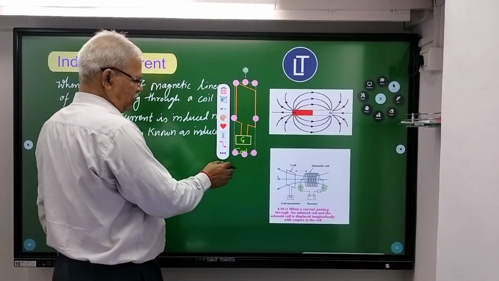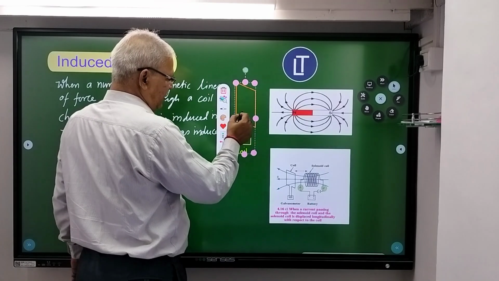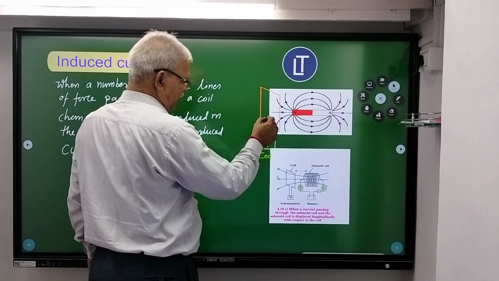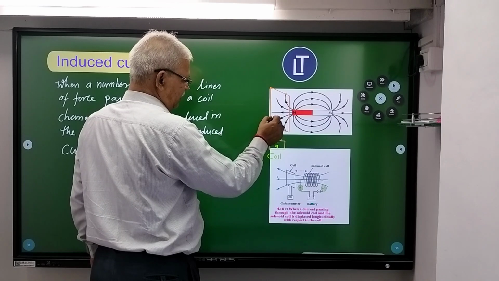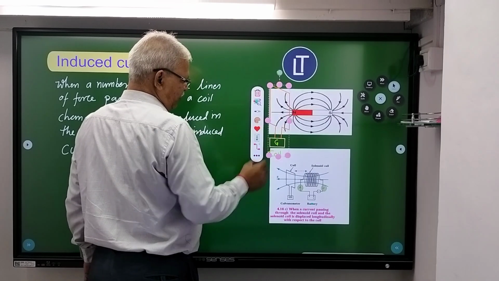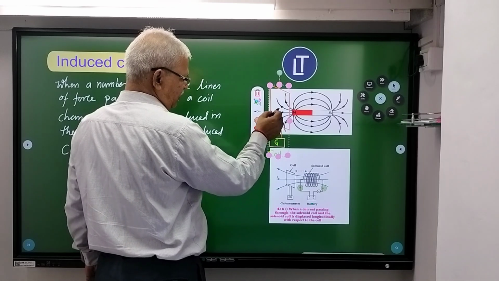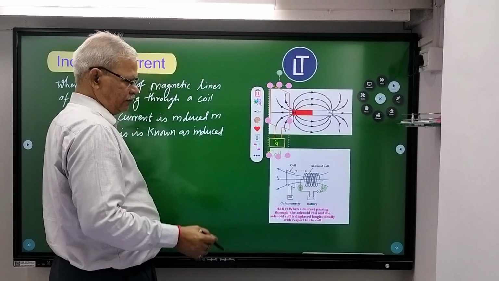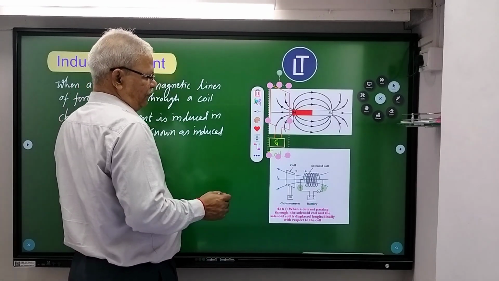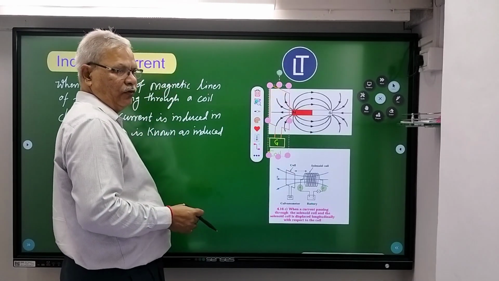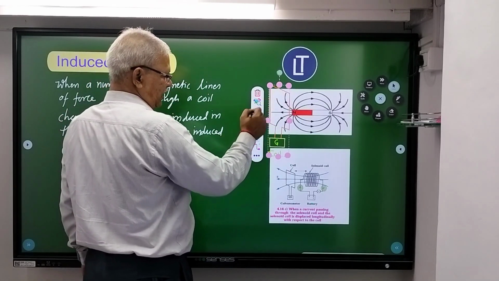Suppose this is a coil, okay? If you will bring this coil close to it, now see here, the number of magnetic lines of force 1, 2, 3, 4, 5. Okay? Then what happens? An electric current will flow from the coil.